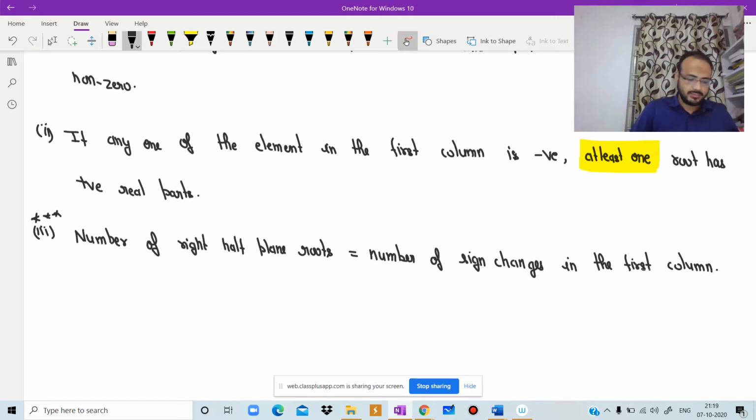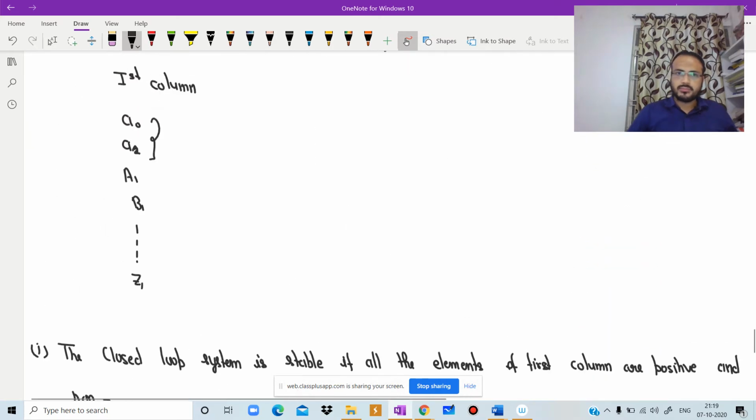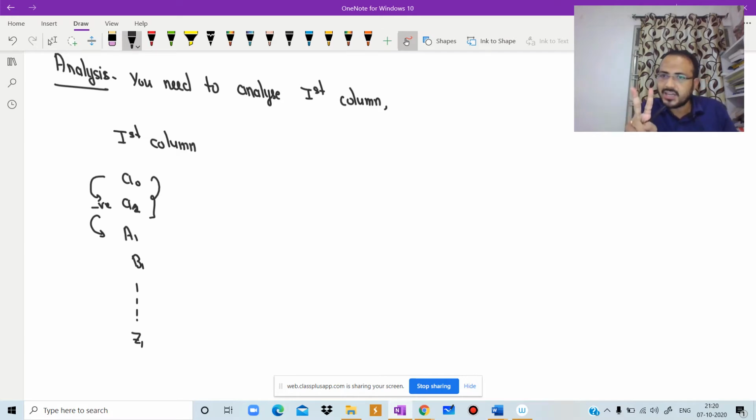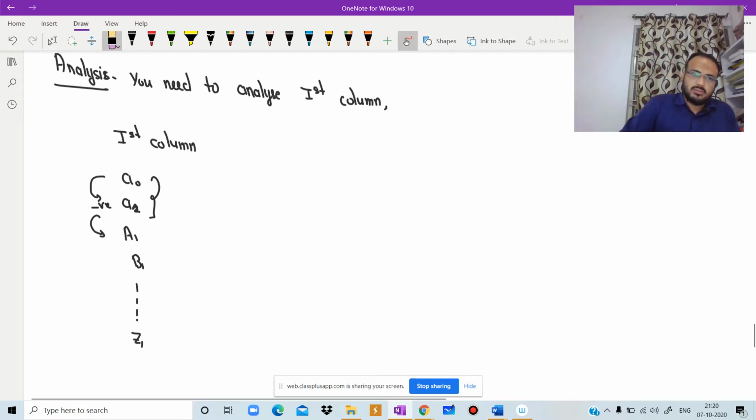Sign changes means, suppose this one is negative. It means positive to negative, one sign change, and again negative to positive. If we have two sign changes, it means there are two roots. We will solve one question also.